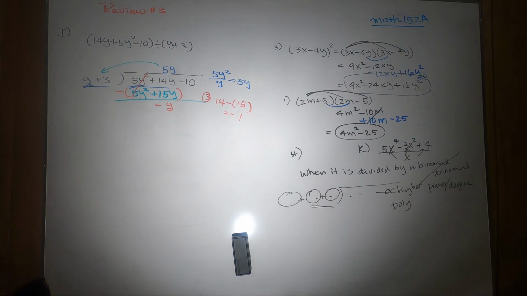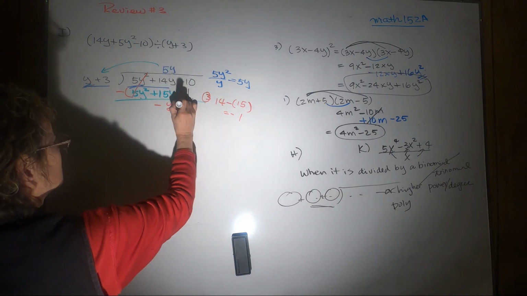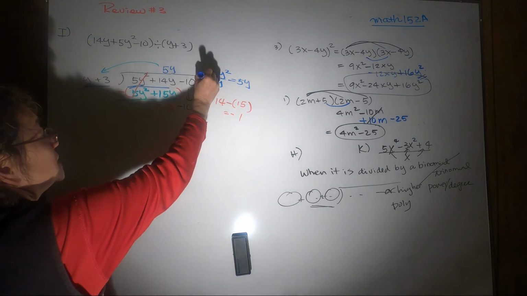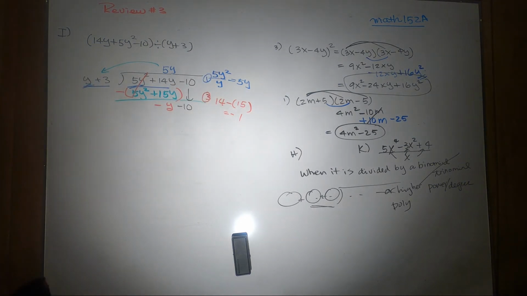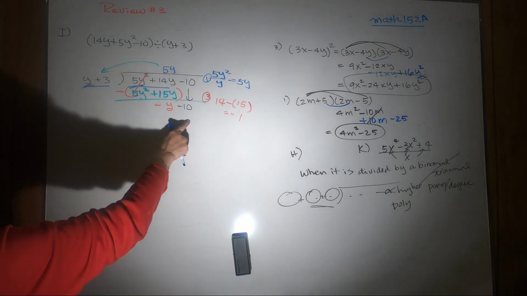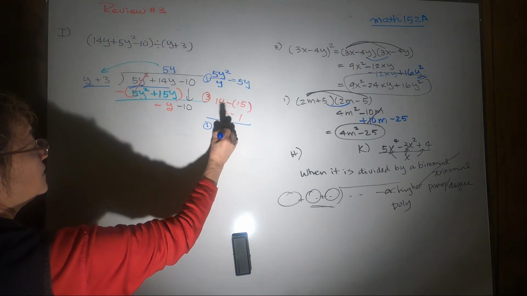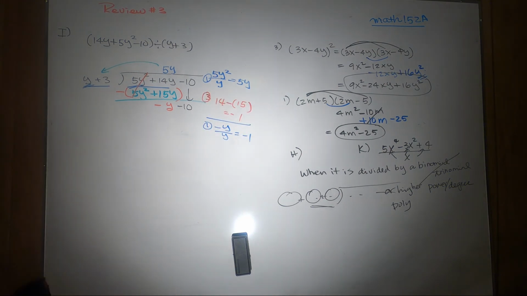Then what's the next step? You drop your 10. Then what do? Repeat, right? The first step for repeating is what? Find your quotient. So you do the next step, -y divided by y is what? -1, right?